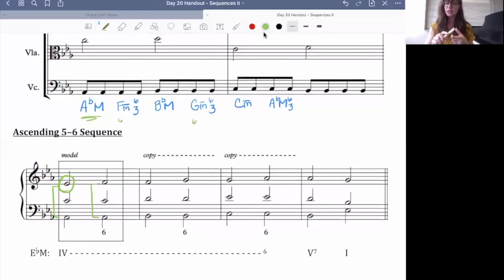So your bass actually stays on the same pitch. Everybody else is shifting, and you go from this fifth to a sixth among, as I have it here, your outer voices. So that's what the label 5-6 is intended to reflect.